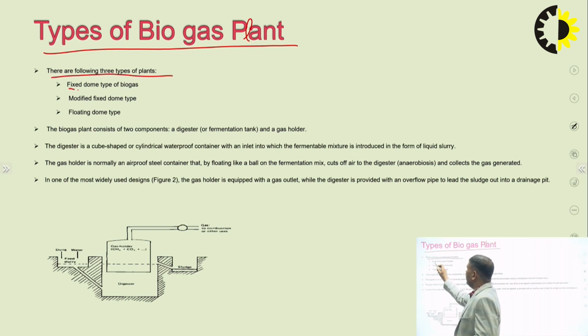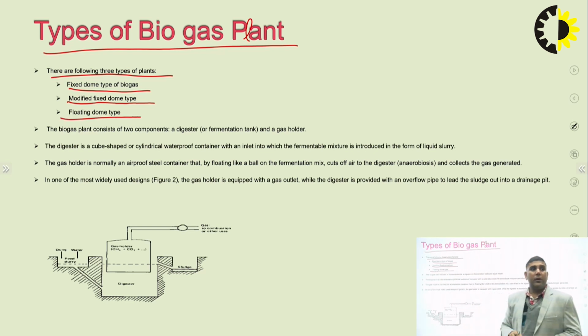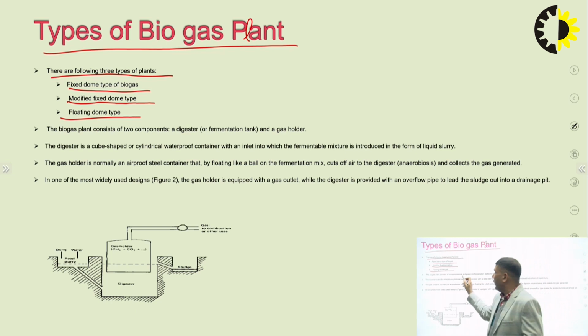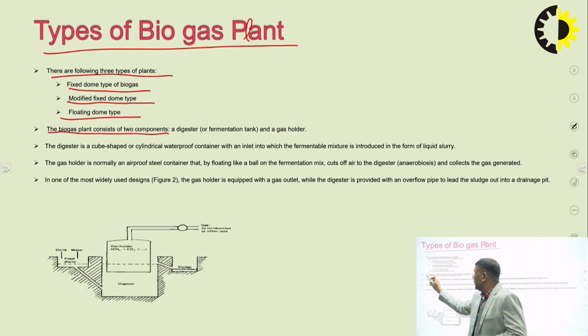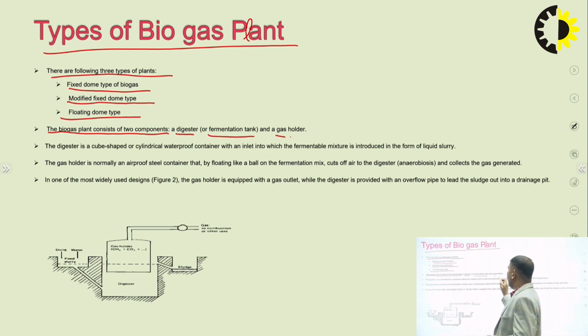The first one is the fixed dome type of biogas plant. Then we have the modified fixed dome type biogas plant, and we have the floating dome type plant. The biogas plant basically consists of two components: the first one is a digester, which is a fermentation tank, and a gas holder.